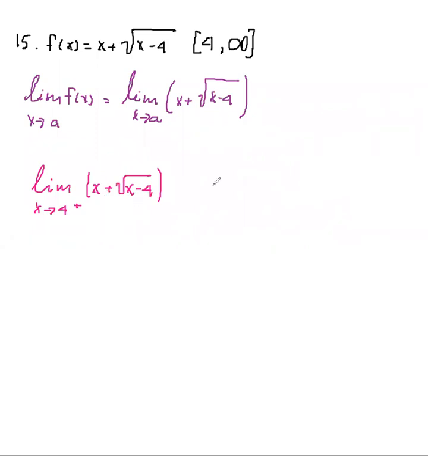So I could say that x minus 4 is approaching 0 from the right, which means that the square root of 0 from the right is approaching 0. And then this will end up being 4 plus 0. So this limit is going to be equal to 4. So what does that tell us?